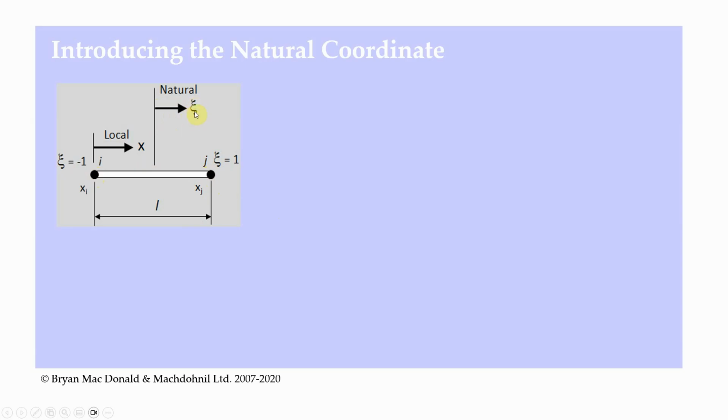And we can set this coordinate system up in such a way so that one node has a coordinate of eta is equal to 1, and the other node has a coordinate of eta is equal to -1. And we have a simple transformation that allows this to happen. So for a 2-node element in one dimension here, a line element essentially, eta is going to be 2x over L minus 1. Okay, so we can convert between x and eta using this transformation equation here.